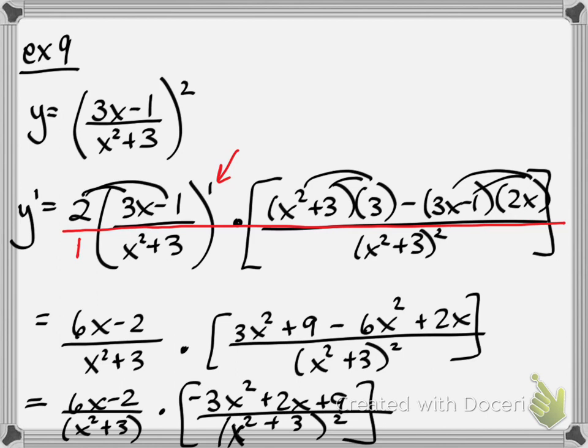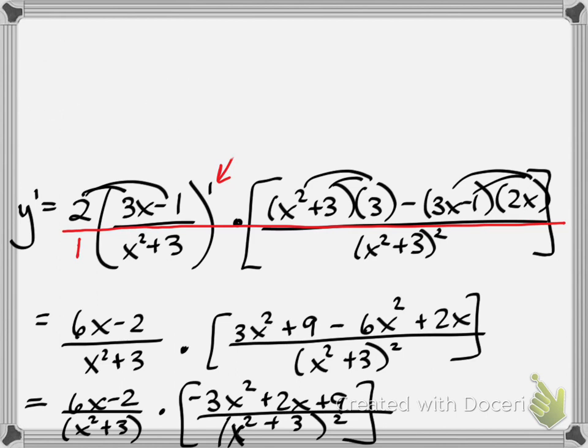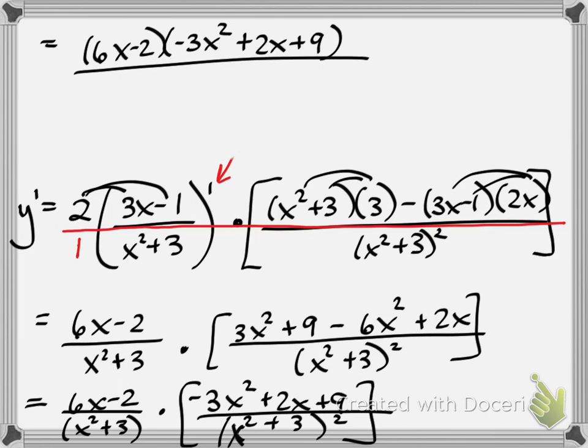Okay. Are they going to make us multiply that out? They did not. They did not make us multiply the numerator out. We could leave it like that, and then times negative 3x squared plus 2x plus 9. And in the denominator, one of these times 2 more of those is 3. When we multiply like bases, we add their exponents. And they actually let us leave it like that.